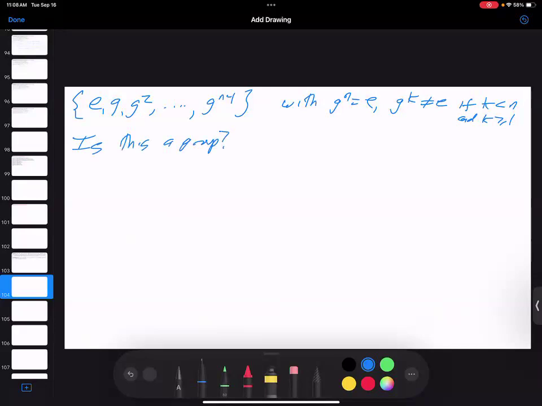What do we have to do to show that this is a group? How many things do we have to check? 4 things. So this is a group that's living inside a group. It's called a subgroup. As it lives in G, we call it a subgroup of G.